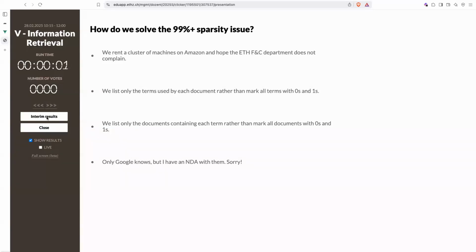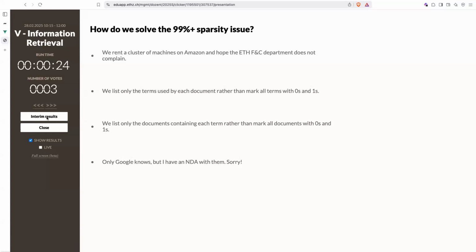So how do we solve this sparsity issue that we have 99% of 0? Do you rent a cluster of machines on Amazon and hope that finance and controlling doesn't go after you? Or do you list only the terms used by each document rather than mark all terms with zeros and ones? Or do you list only the documents containing each term rather than mark all documents with zeros and ones?